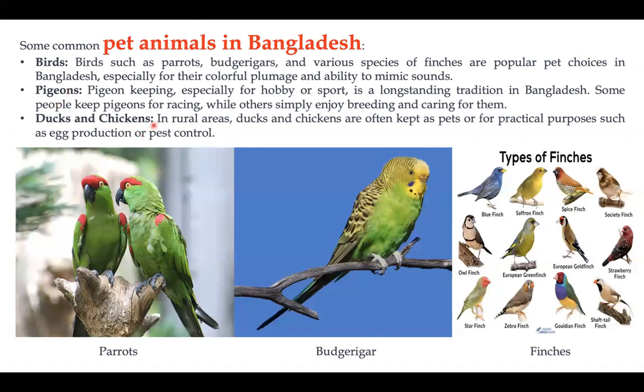And there are ducks and chickens as well in rural conditions. Sometimes they are considered pet animals, especially when, out of one flock, one or two become really glossy in their structure, and people like to keep them for longer.